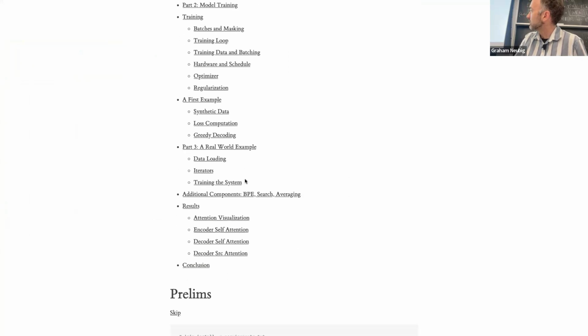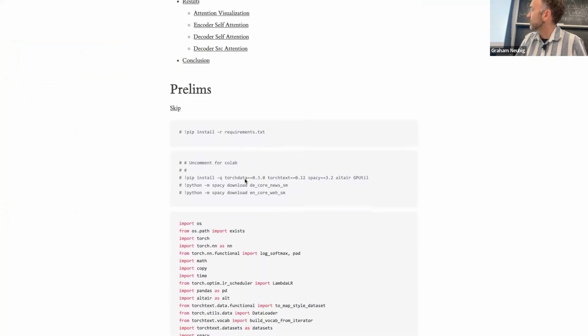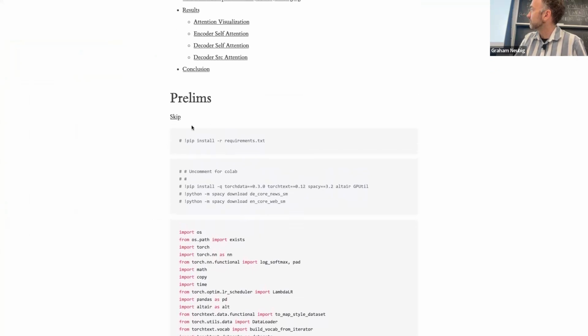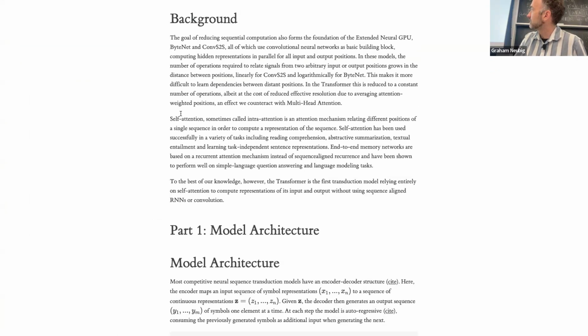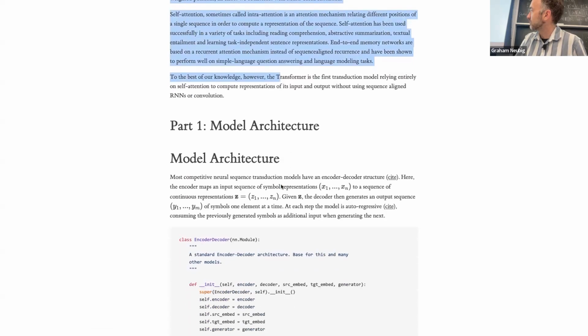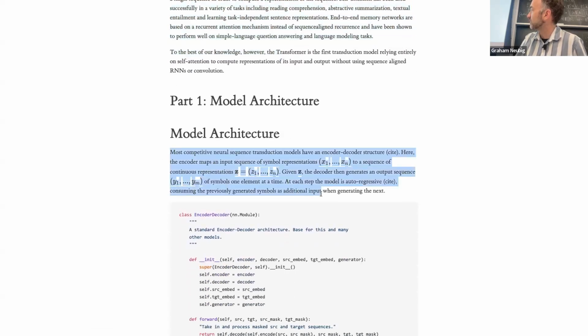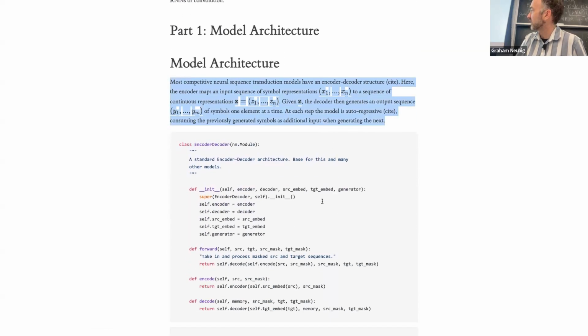And it goes through the whole transformer paper. You can read the transformer paper, and as they go through it and have the description of the architecture, they have the code in PyTorch. So you can follow along with everything and understand it really well.